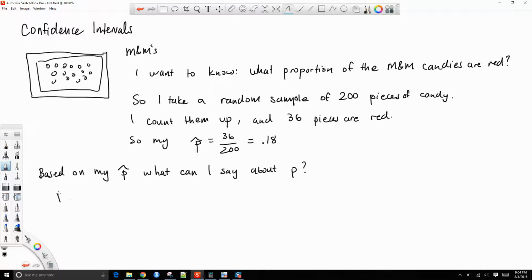So we will not be able to say that the population has a particular value of p.